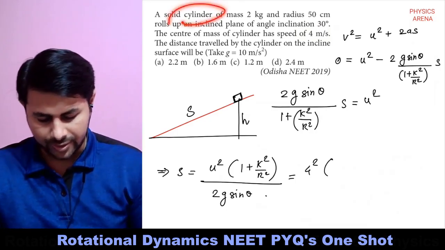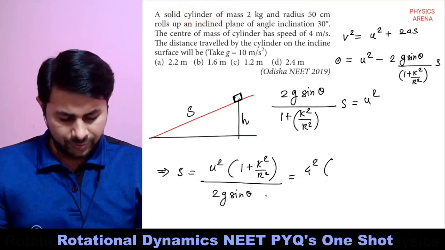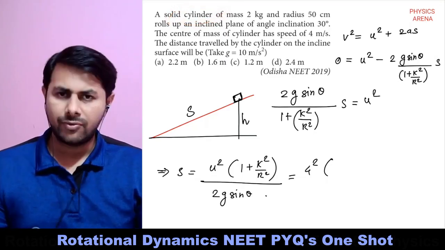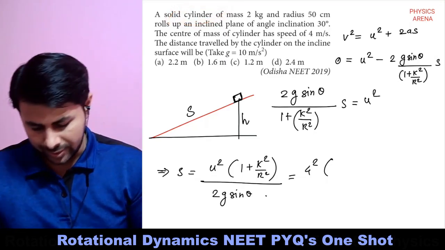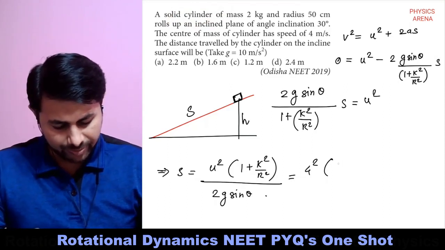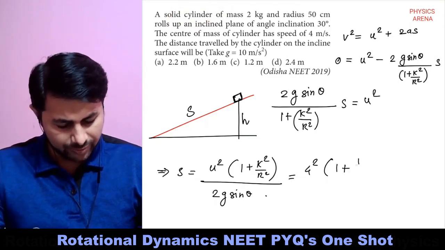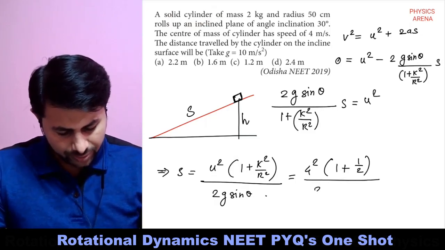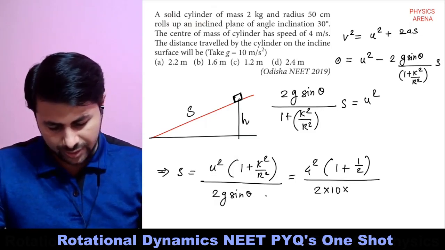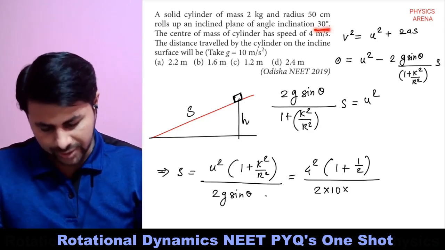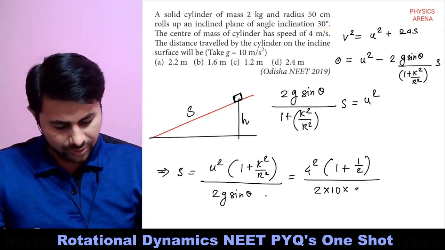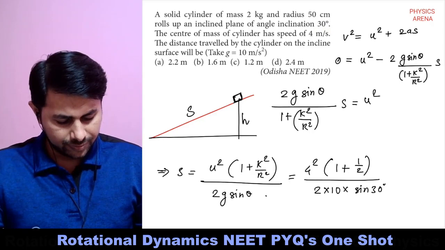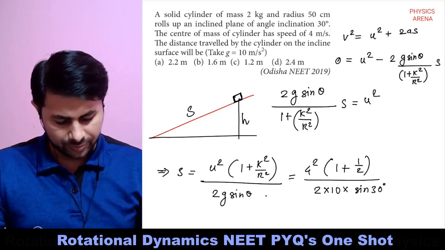So it's a cylinder. How much is radius of gyration? 1 upon root 2 times r. So k square by r square is 1 by 2. So 1 plus 1 by 2, that's 3 by 2, divided by 2 times g, which is 10, and theta is 30 degrees. So sine of 30 is 1 by 2.